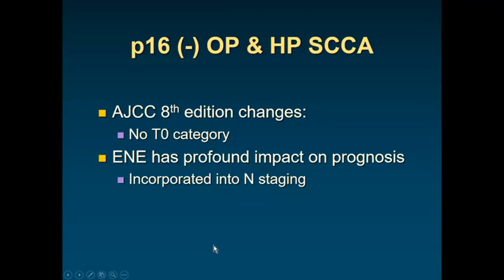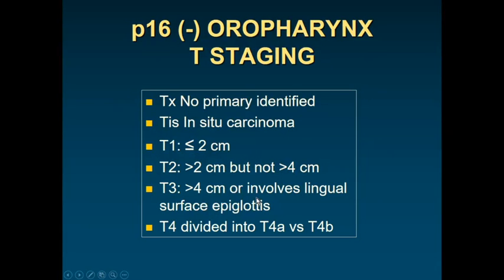For P16 negative oropharynx and hypopharynx cancers in the AJCC 8th edition, there's no T0 category. And also they've incorporated extranodal extension formally into the nodal staging, and this has a very profound impact on prognosis, and that's why it was included.